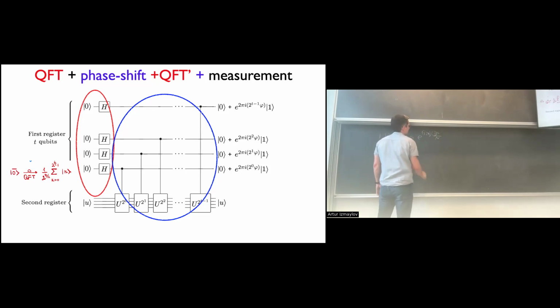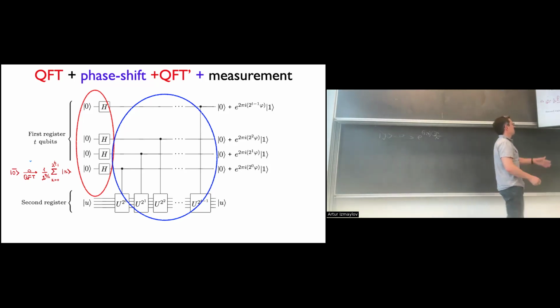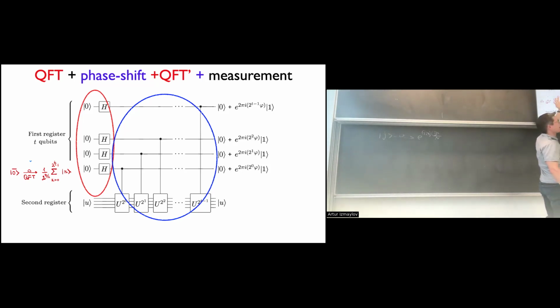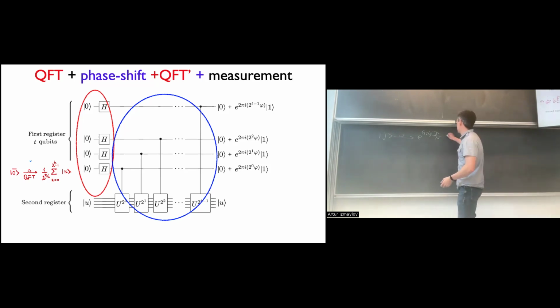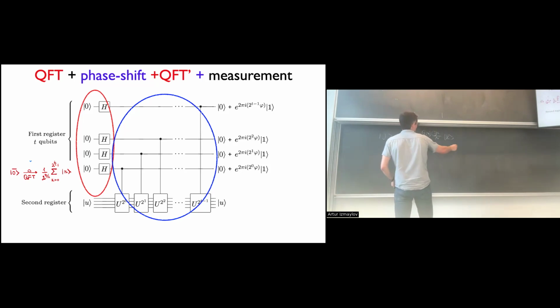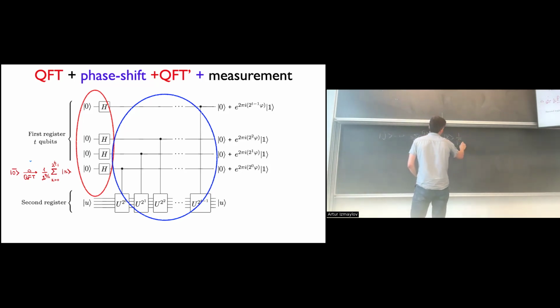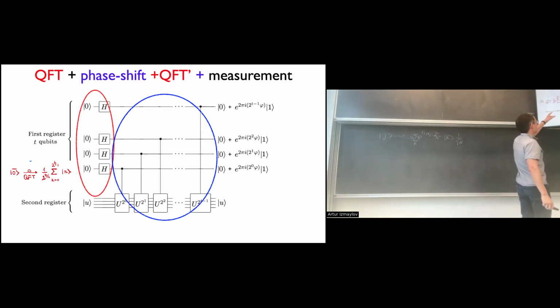So the J is in the phase, and if J is 0, the phase is 0. That means all the states k now have the same coefficient, right? So it's the sum over k, divided by the normalization factor square root of N. And that's exactly what Hadamards are doing.